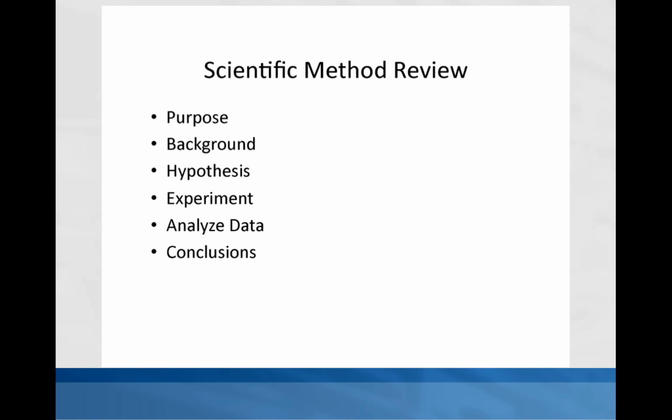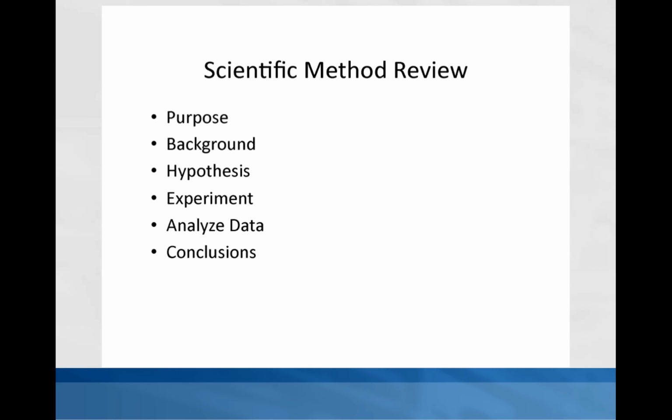So here are the steps that you go through. You go through the purpose, background research, questions, then the hypothesis, which drives the experiment. And then you collect data and analyze it and come to a conclusion. If the conclusion doesn't prove that your hypothesis was correct, you go and start all over again.